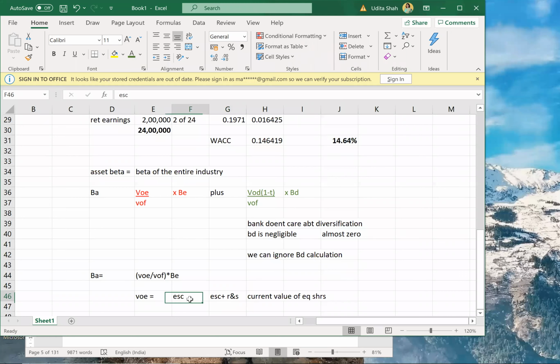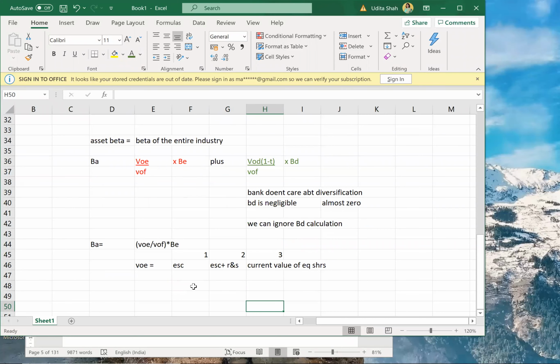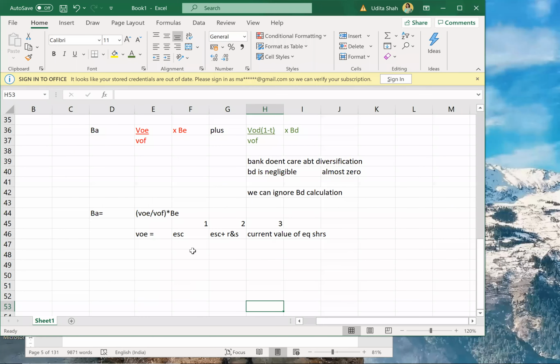Option one is equity share capital, option two is equity share capital plus reserves and surplus, and option three is current value of equity shares. Tell me the answer. Others are sleeping or what?